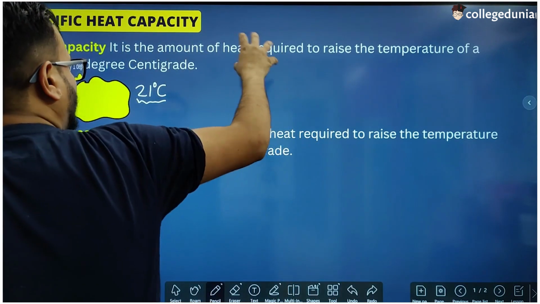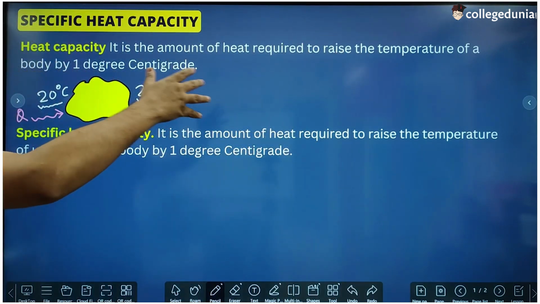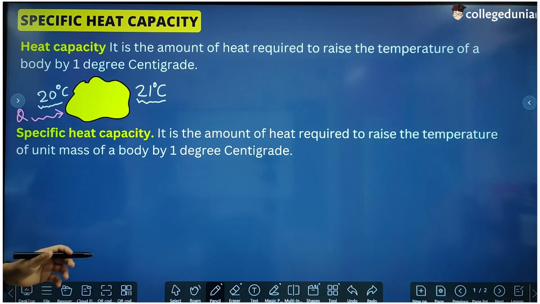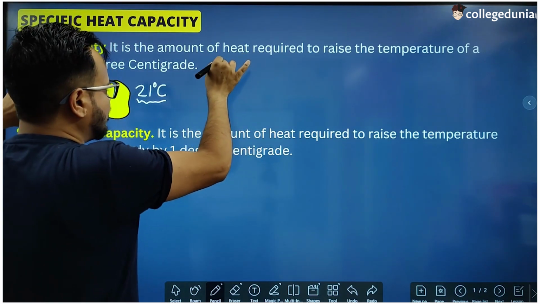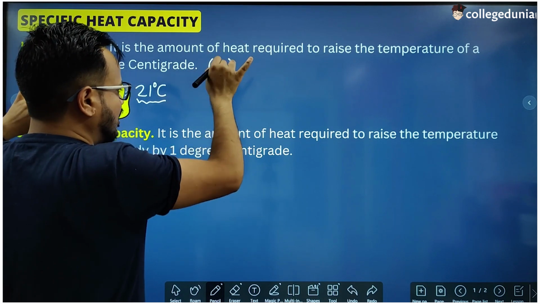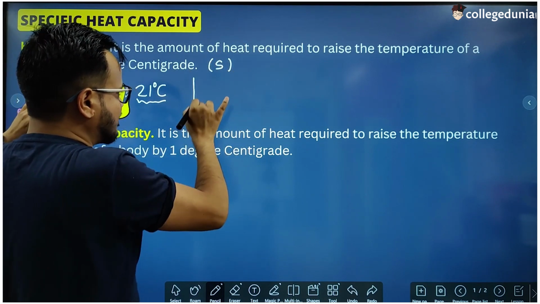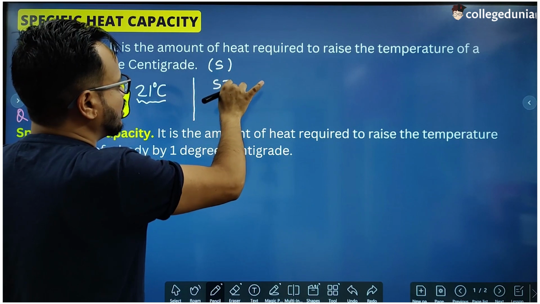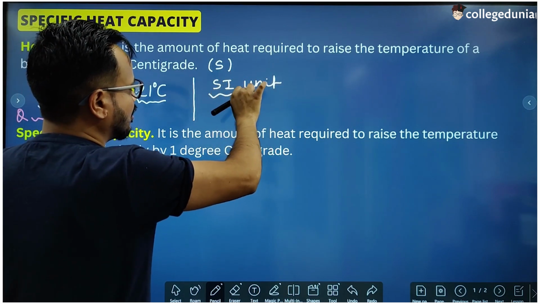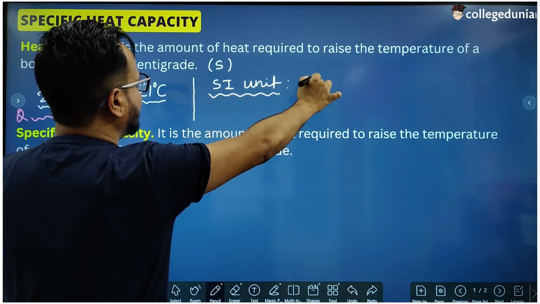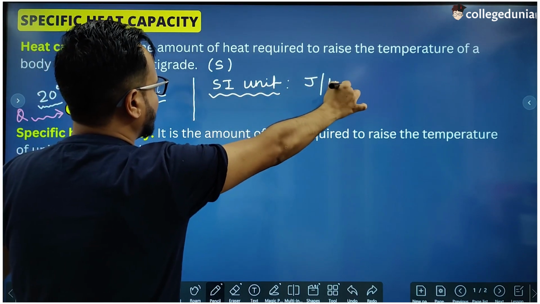So simply it is the amount of heat required to raise the temperature of a body by 1 degree centigrade. This heat capacity is represented by a symbol, small s, sorry, and the SI unit of this is joule per Kelvin.